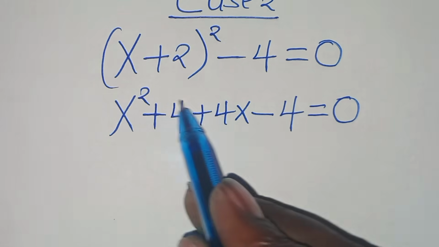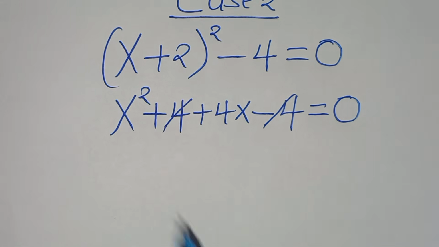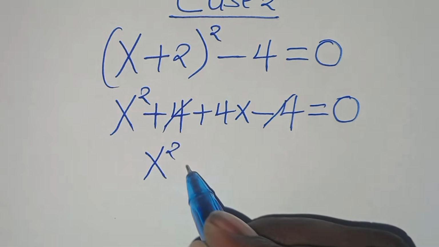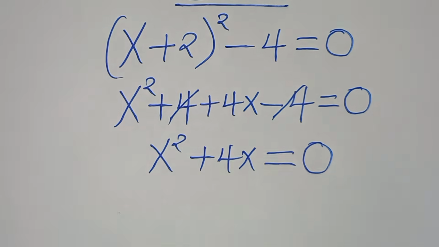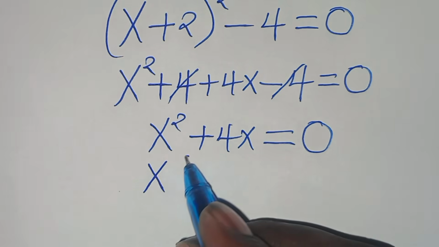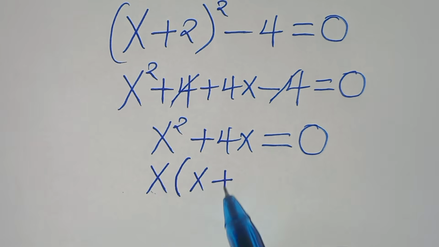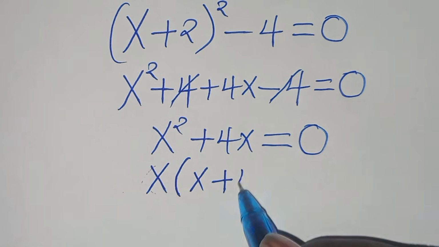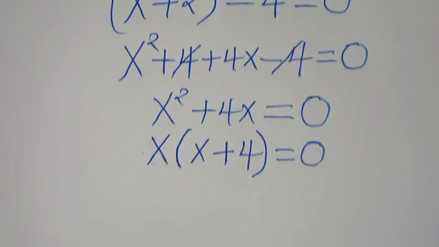We have 4 minus 4, this simplifies, so that we have x^2 + 4x = 0. x is common here, so let's factor out x, so that x squared divided by x is x, plus 4x divided by x is 4, and this is equal to 0.